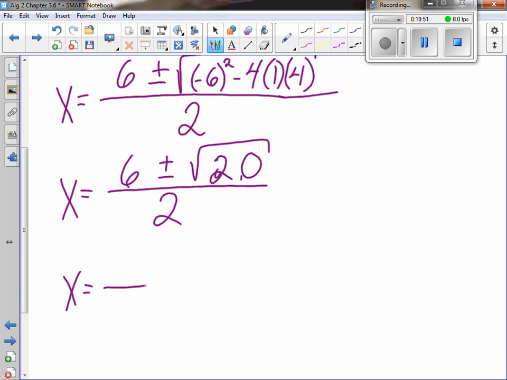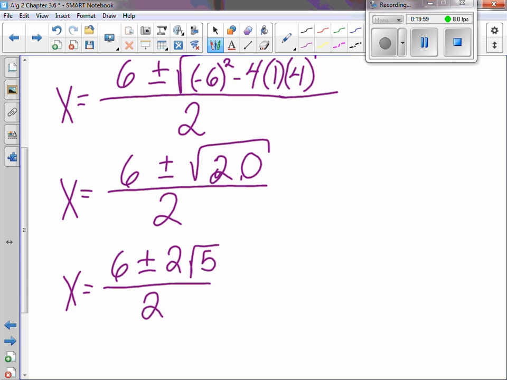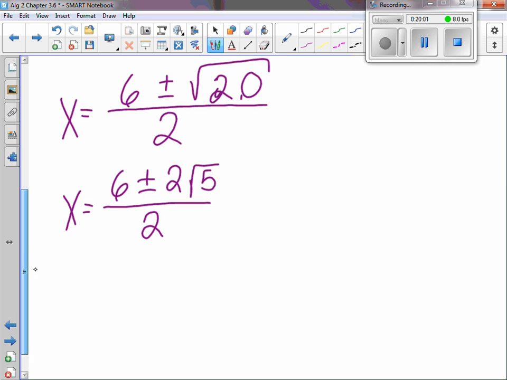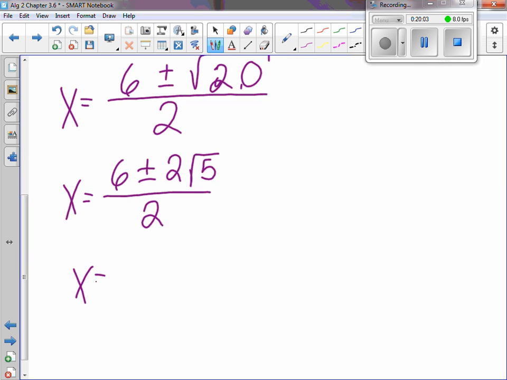Now, we need to take the square root of 20, which is 2 square root of 5, yes? And the yellow calculator will simplify that for us. Now there's a greatest common factor of 2 between all of these, yes? Between 6, 2, and 2, we have a greatest common factor of 2.